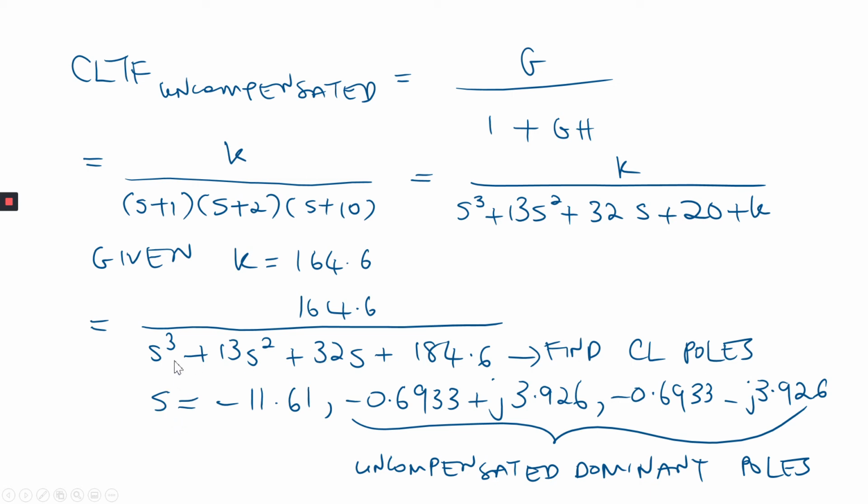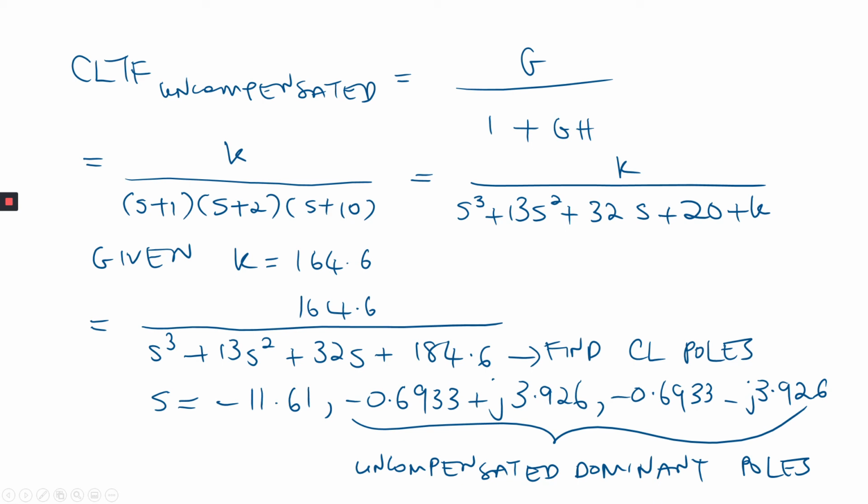In this case, this is third order, so the first pole is minus 11.61 and the other two are complex conjugate poles. The complex conjugate poles from the closed loop system are your dominant poles. Since this is the closed loop transfer function for the uncompensated system, these are the uncompensated dominant poles.